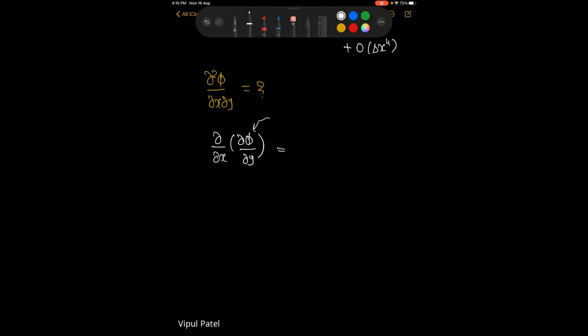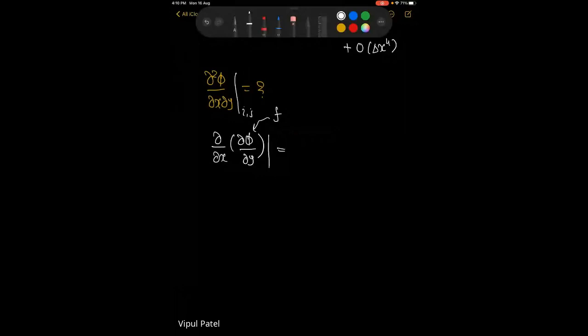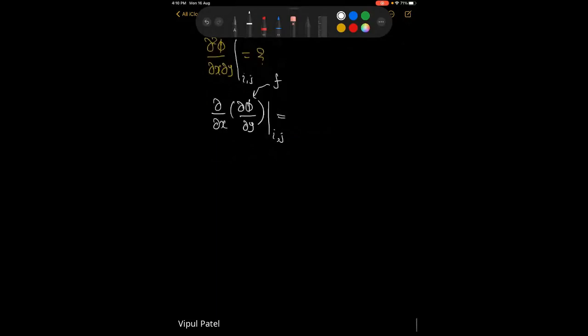And if I want to use, let's suppose, the central difference approximation, which is second order accurate, I can say that this is some function f at node I, j. So this can be written as del f by del x at I, j, and I'm talking about central difference approximation.